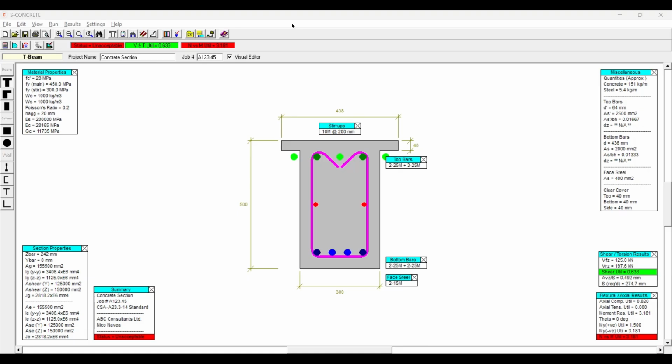The software checks the beam against flexural strength, shear strength, reinforcement detailing, spacing requirements, and serviceability limits.